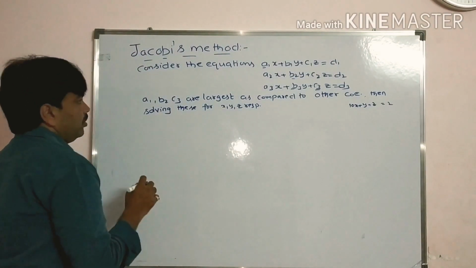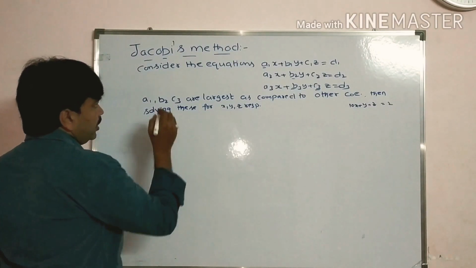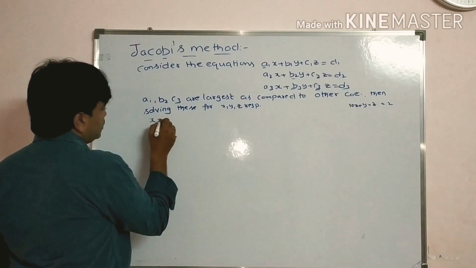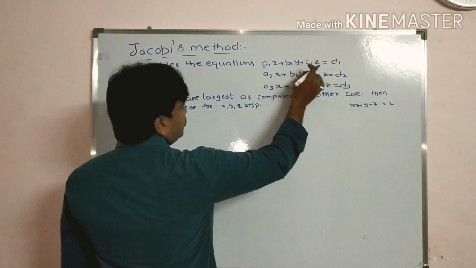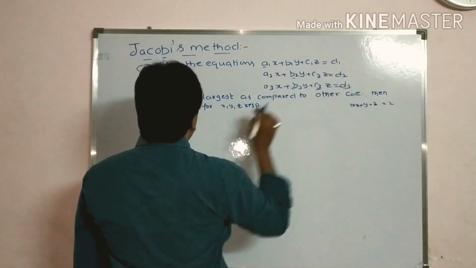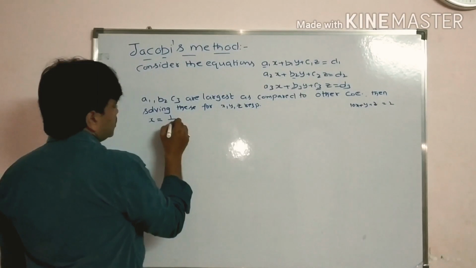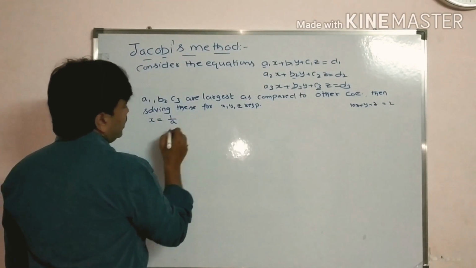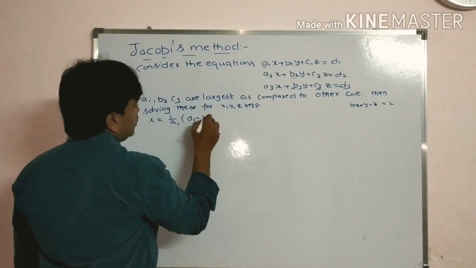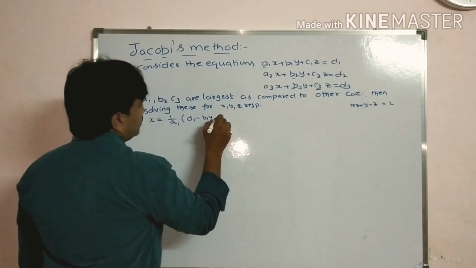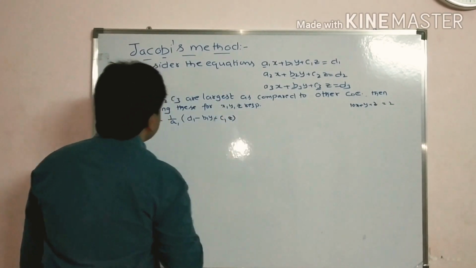Now see, students, how can we apply Jacobi's method here? First you write x is equal to, taking the y, z terms to the right hand side: x is equal to 1 by a1 bracket d1 minus b1y minus c1z.